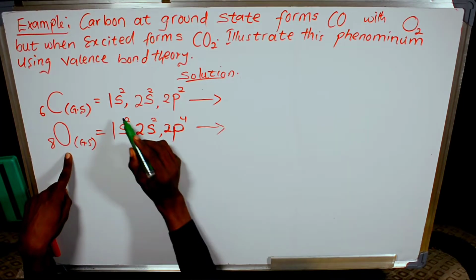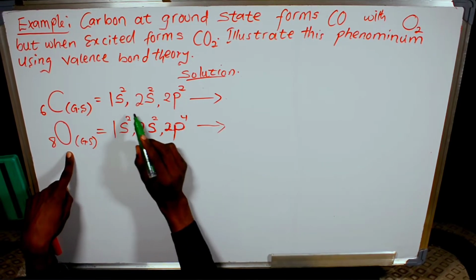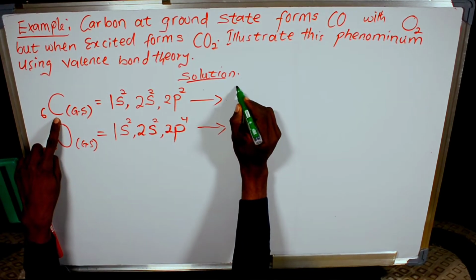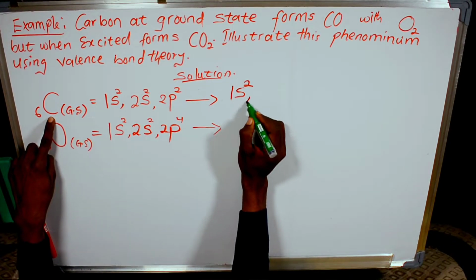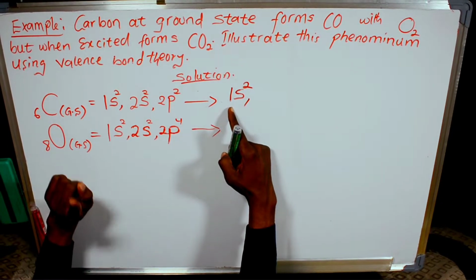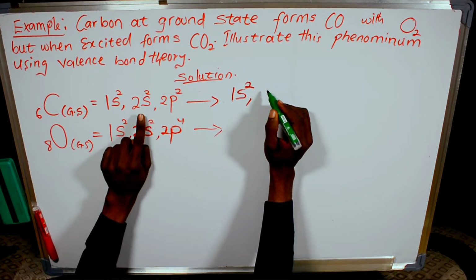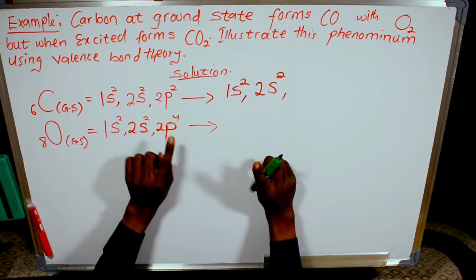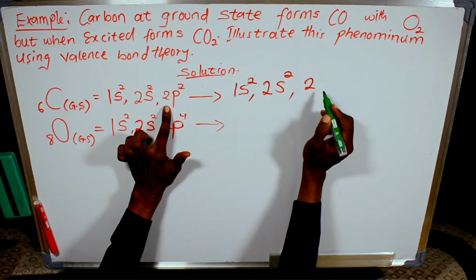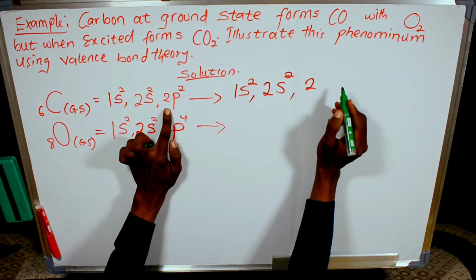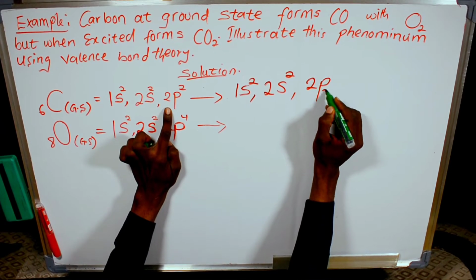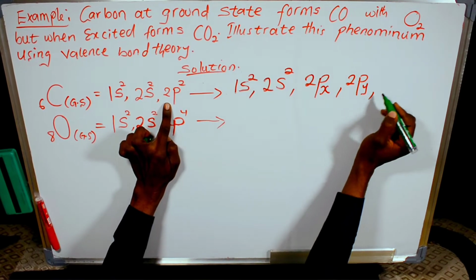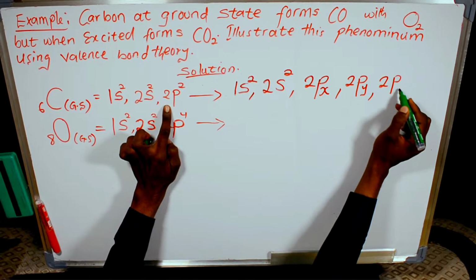So now after this, we degenerate orbitals from these orbitals of carbon at its ground state. First, we have 1s2. Then the s orbital has no suborbital. Then 2s2 still has no suborbital. Then p. In our previous video, we know p has three suborbitals, 2px, 2py, and 2pz.